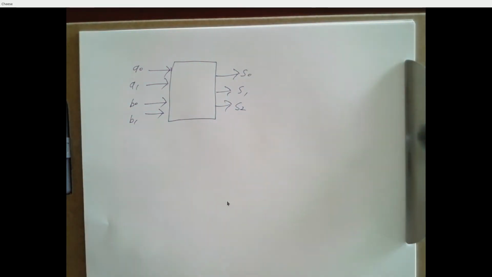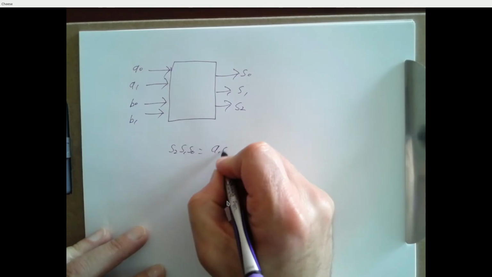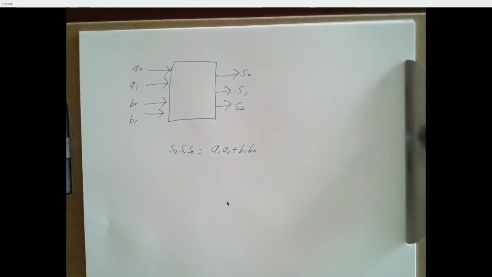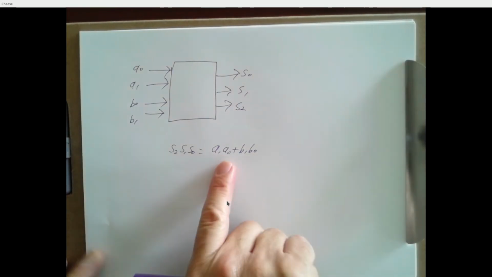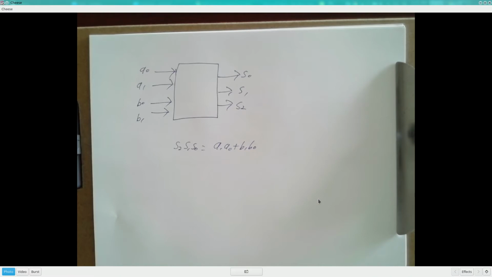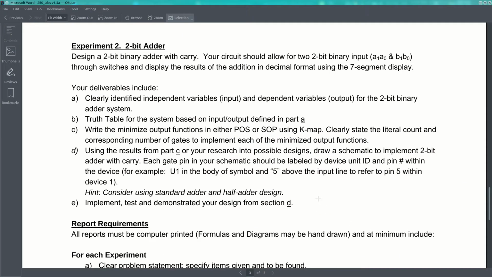There's a block diagram view, and the operation is something like this. It's taking a 2-bit number, B1, B0, and a 2-bit number, A1, A0, and it's adding them together numerically and getting a 3-bit sum, S2, S1, S0. So your system diagram should look something like that. All right, so that's part A.